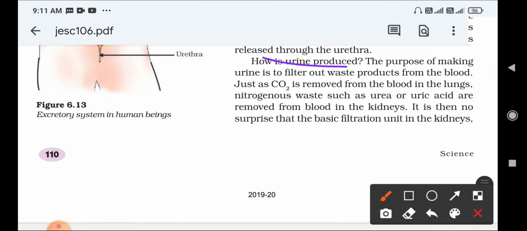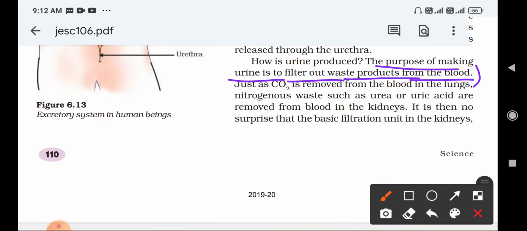How is urine produced? The purpose of making urine is to filter out waste products from the blood. What is the purpose of making urine? To filter out waste products from the blood.